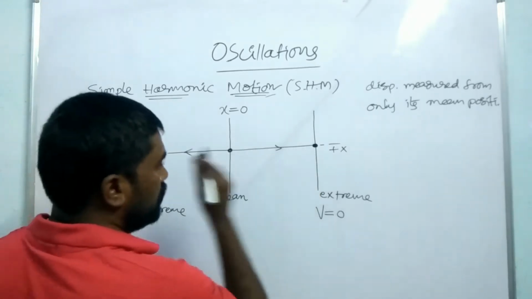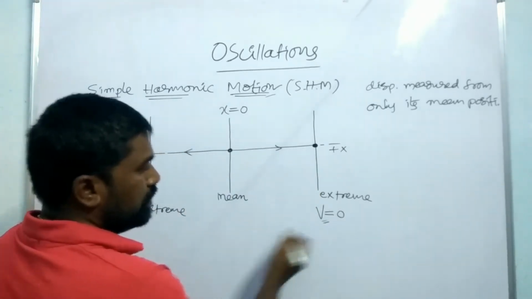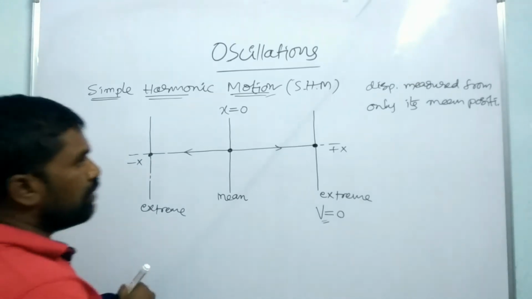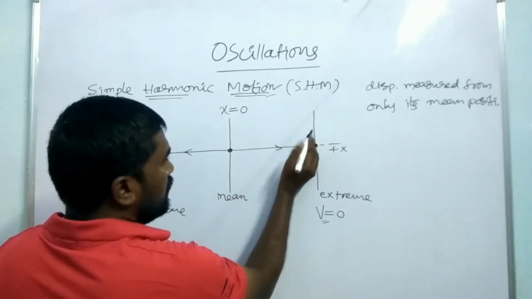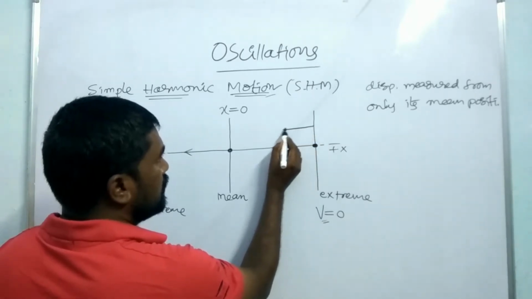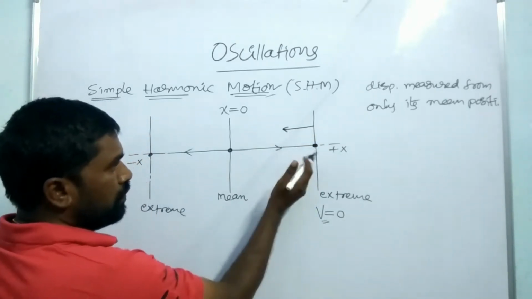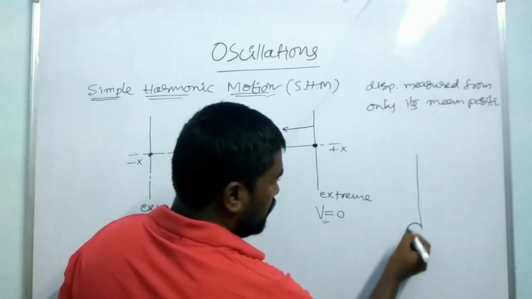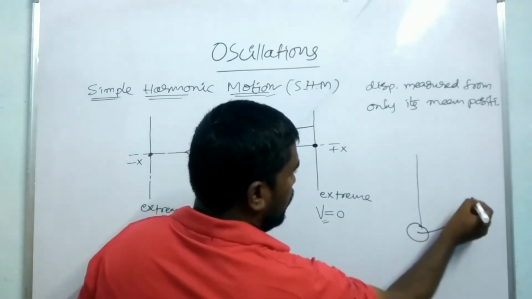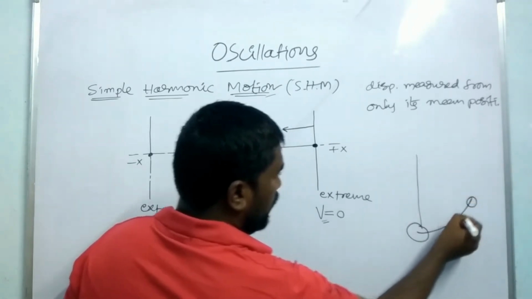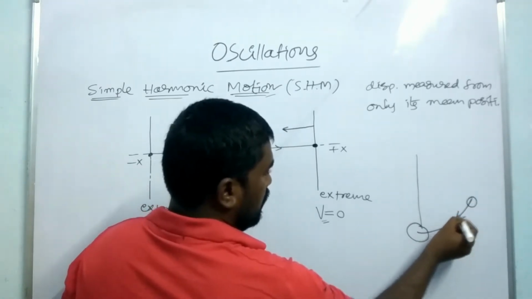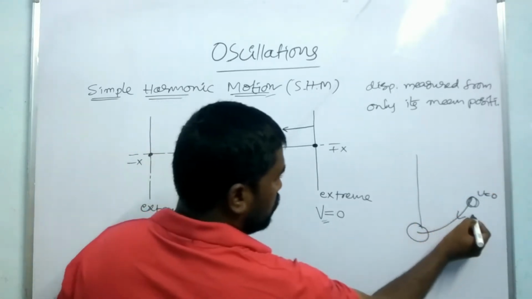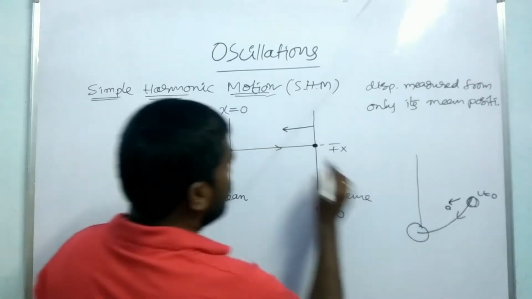At this position the velocity of the particle is equal to zero, and now the force will be acting on this side. The force will pull it back. Whenever the particle moves this side, it will come back in this direction, right? At this point the velocity is zero and the force acts. That is the direction of the acceleration.